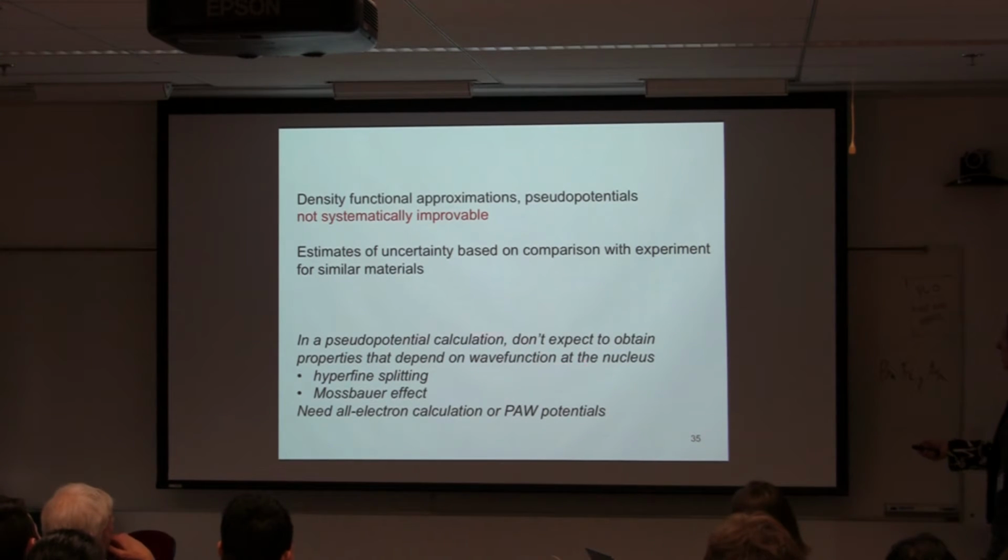Okay, and of course, you should be very careful in a pseudopotential calculation about looking at properties that depend on the wave function at the nucleus, because we just saw that they don't match. There are methods to do things like hyperfine splitting and Mossbauer with all electron, or what are called projector augmented wave potentials that correct the wave functions inside the core.